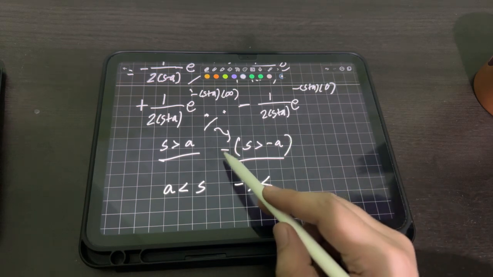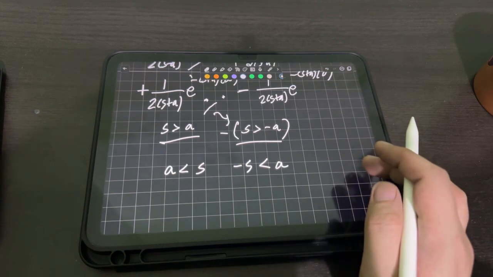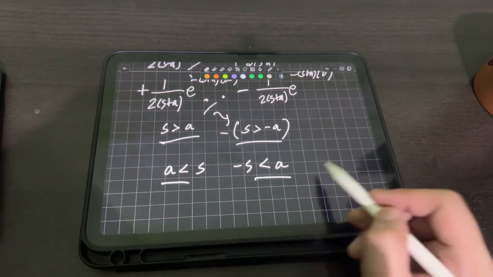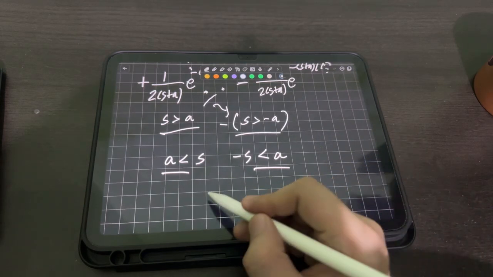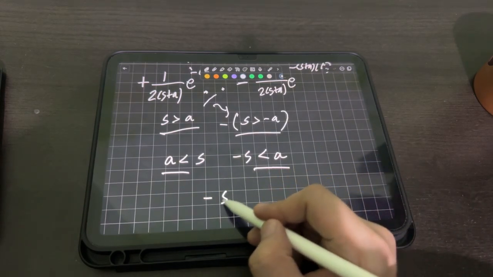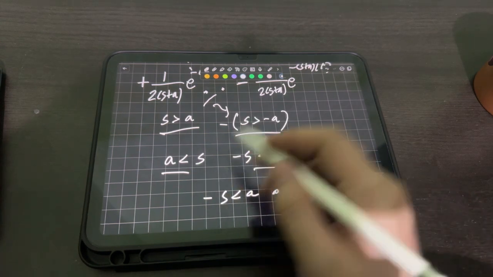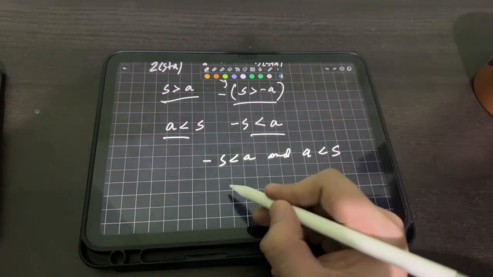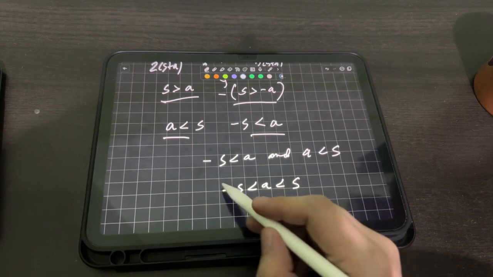So that negative times negative a is positive a. Okay? So, how do we combine this? So, this is the same as negative s is less than a and a is less than s. If we combine this inequality, this can be negative s less than a less than s, right?